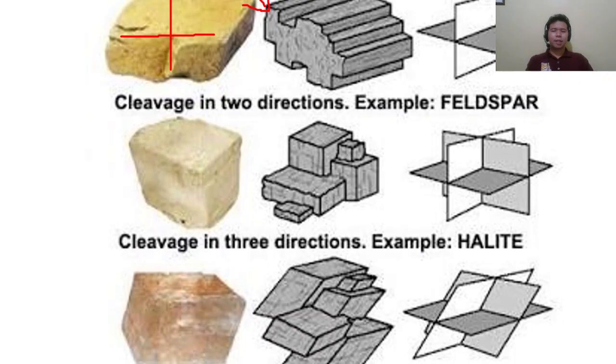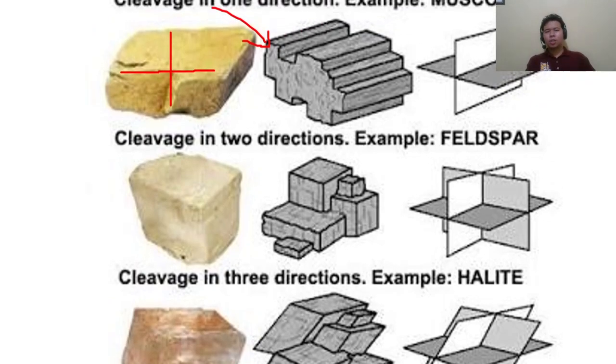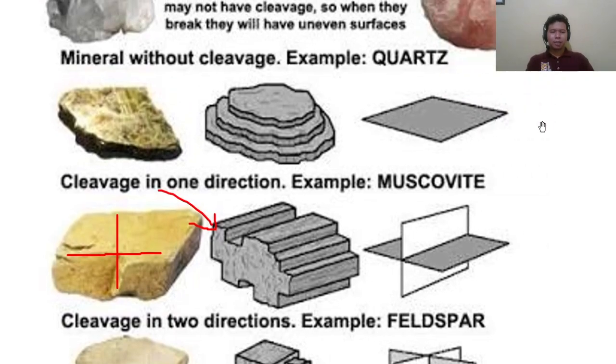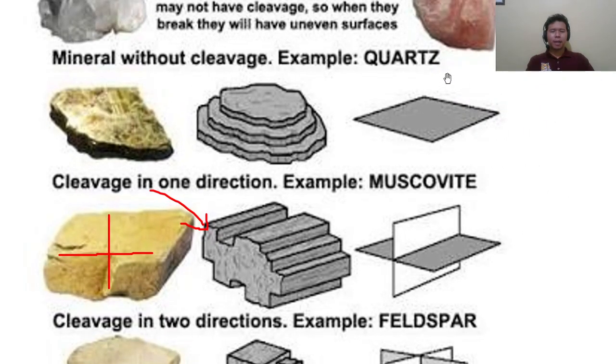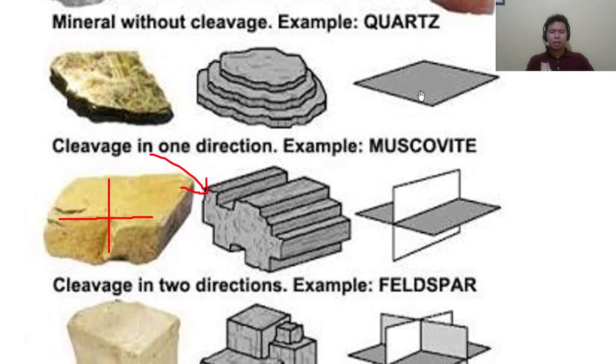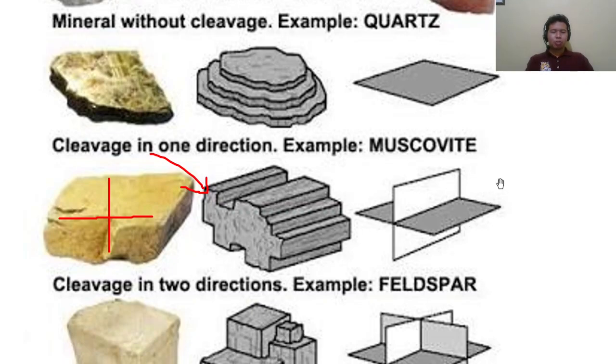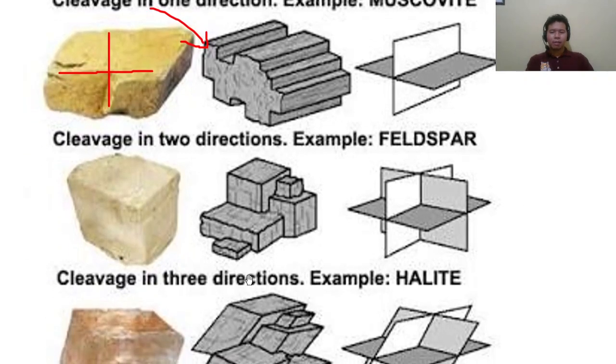Next we have three directional cleavage, such as in halite, meaning it breaks into three planes. So here, muscovite breaks only in a single plane, feldspar breaks into two planes, while halite breaks into three planes, in three directions.